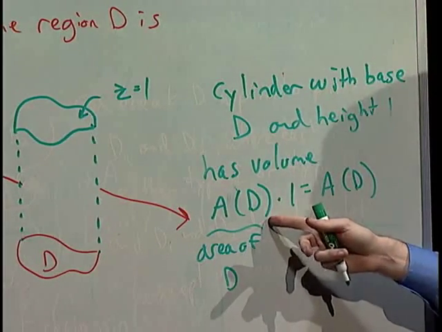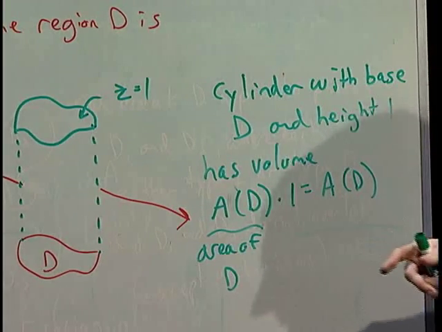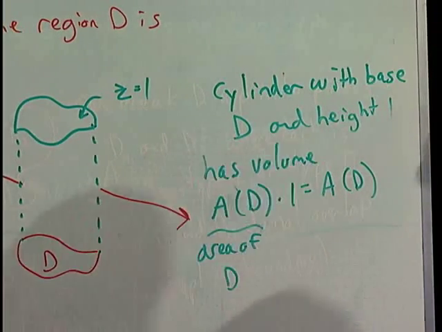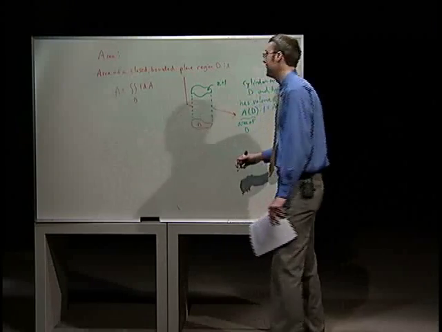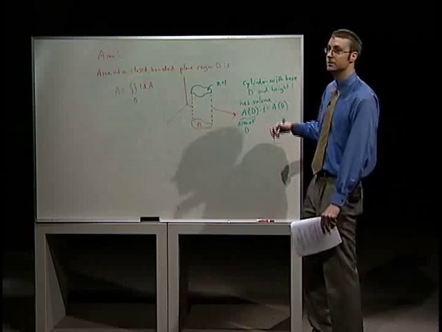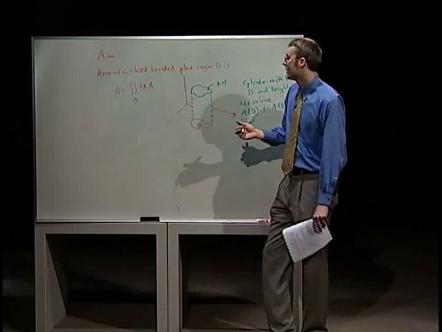The length times the width is the area of D, and 1 is the height.